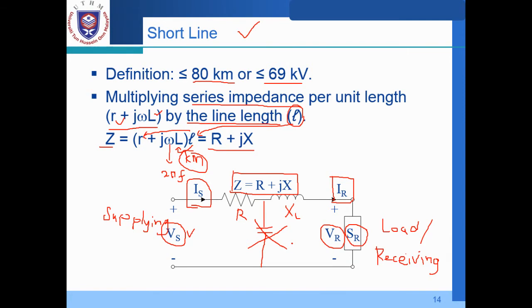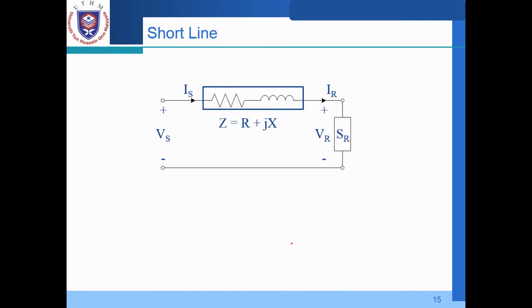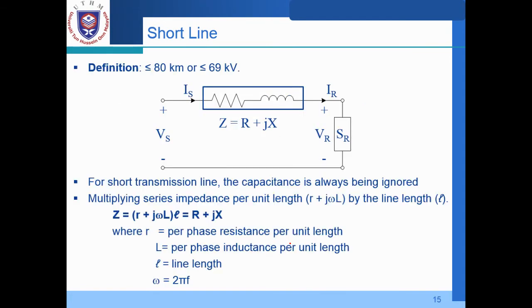So just cancel the capacitance effect as stated in these notes. We multiply the series impedance per unit length, R plus jωL, by the line length. R is the per phase resistance per unit length, L the per phase inductance per unit length, as well as the line length, and omega is 2 pi f.